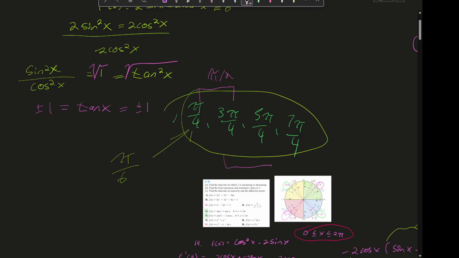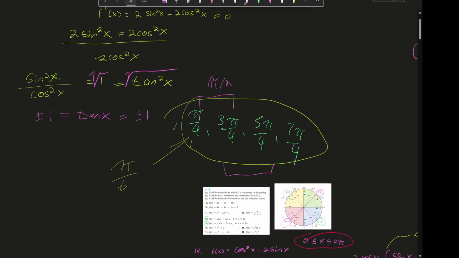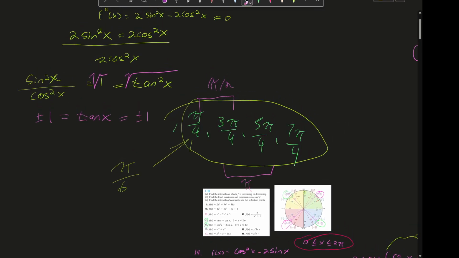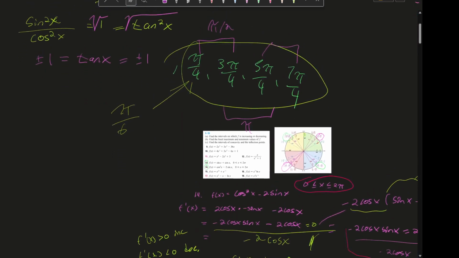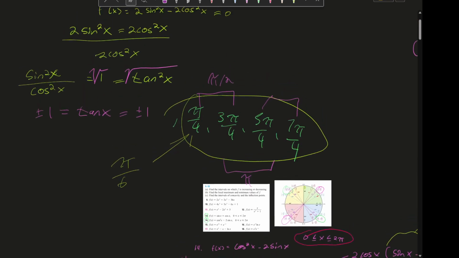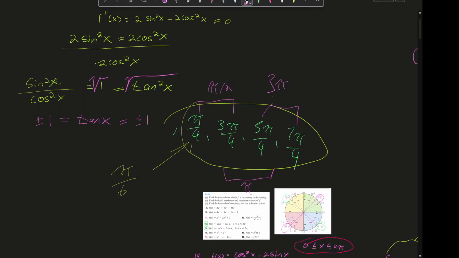Then we need something between 3 pi over 4 and 5 pi over 4. I'm gonna choose pi because I like that too. And we're gonna need something between 5 pi over 4 and 7 pi over 4. And I'm gonna say 3 pi over 2 because I like that angle.